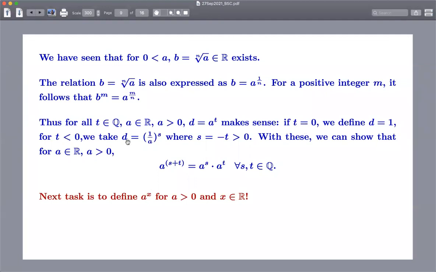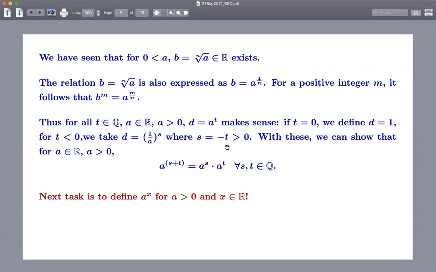For t negative, we take 1 by a to the power s, where s is minus t. For t a positive integer, we have already defined it; for t a positive rational, m by n, we have defined already. So from the nth root, we have quickly jumped up to a power t, where a is positive and t is a rational number, gets defined.